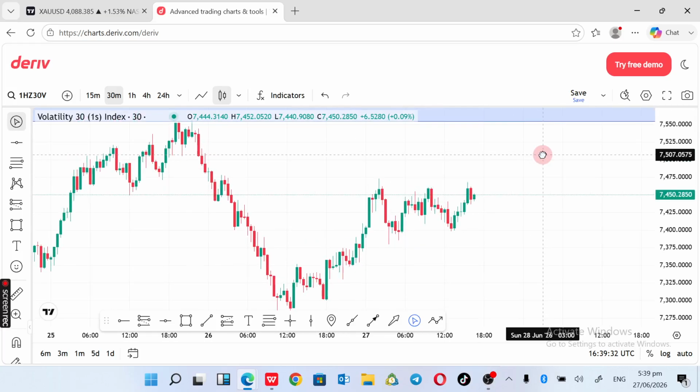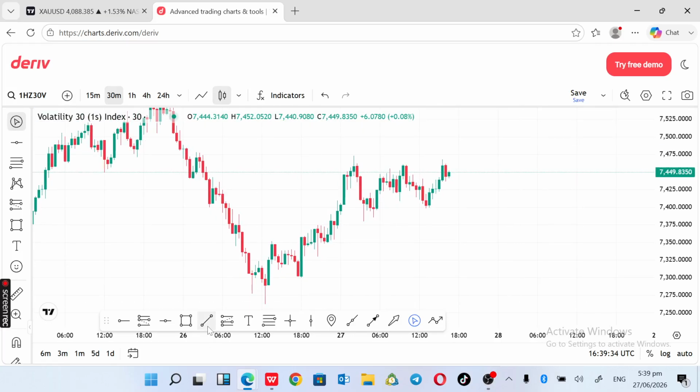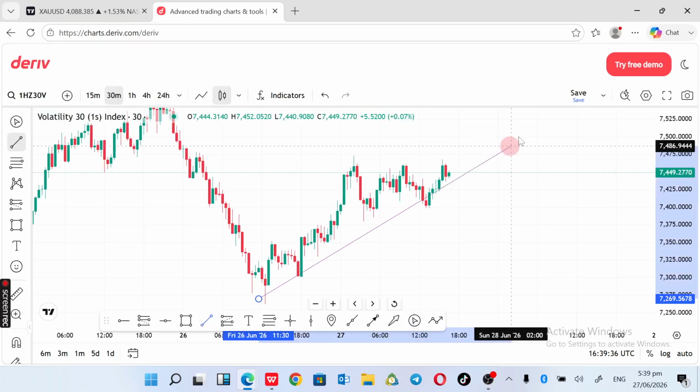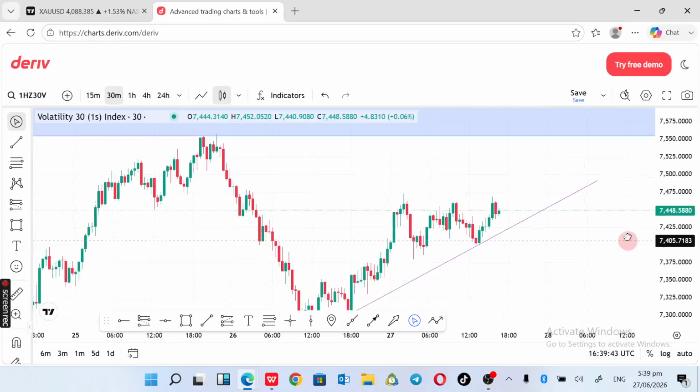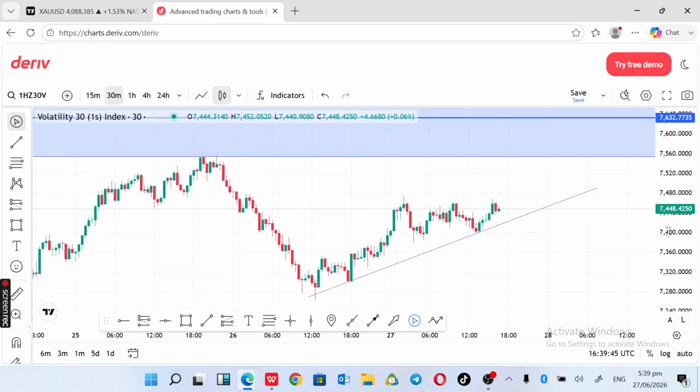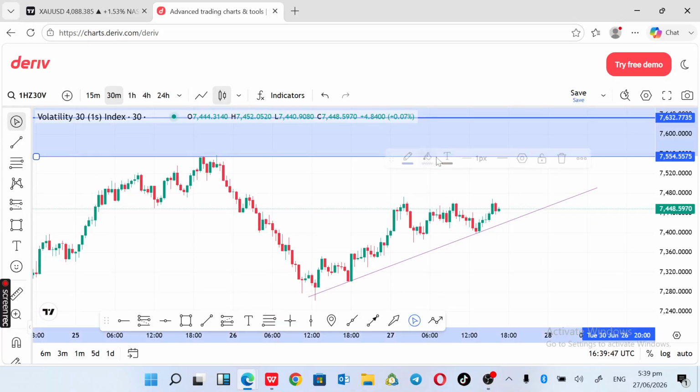So at this level, the 30 minutes is still very far from the resistance. Remember, we still have our resistance above, which shows that the market is.